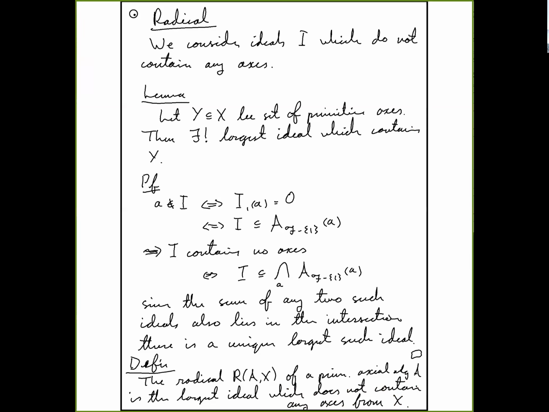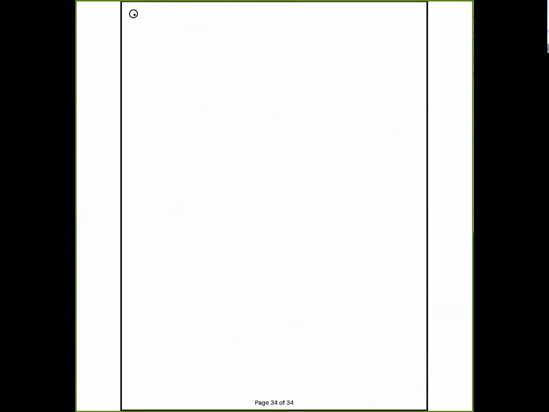Okay, so we have this radical now. That's why my topic is the radical for this. And what can I get through reasonably in the time here? So I have a theorem here.